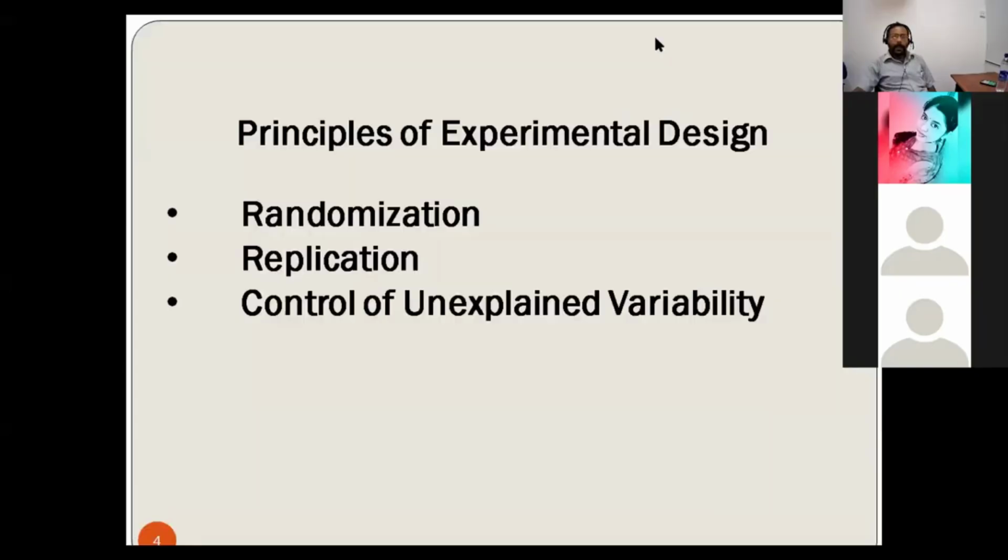We can move to the other section, the principles of experimental design.